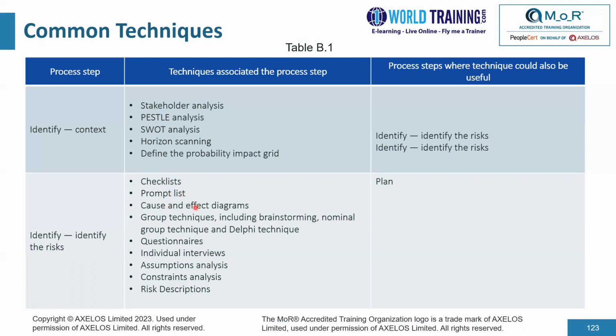And then cause and effect diagrams, also called Ishikawa diagrams. They are very useful tools. Brainstorming is very useful in gathering ideas on risks.